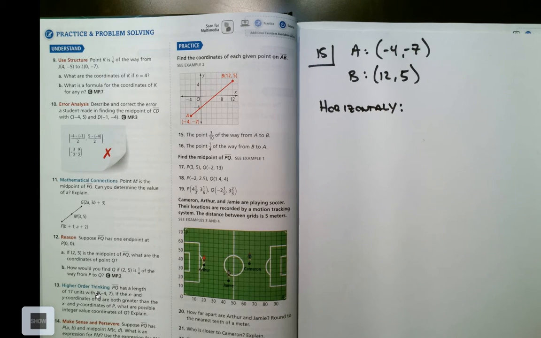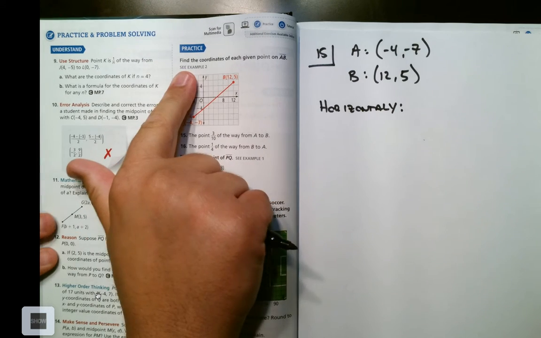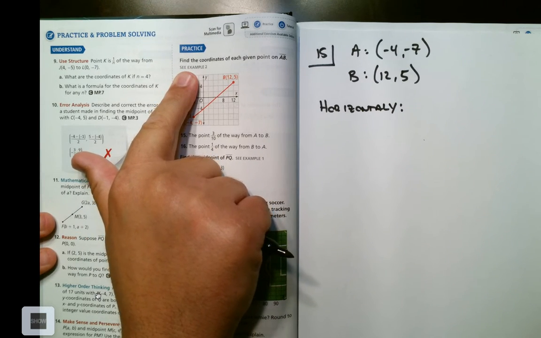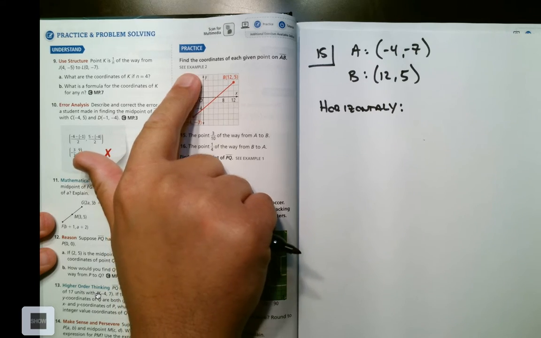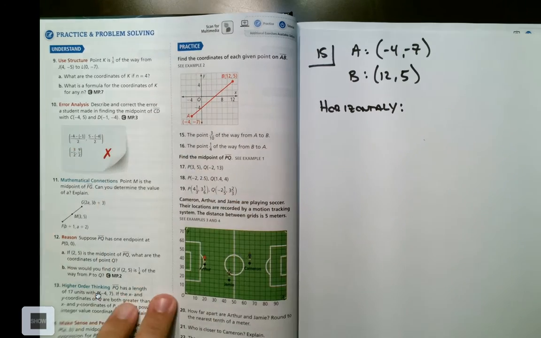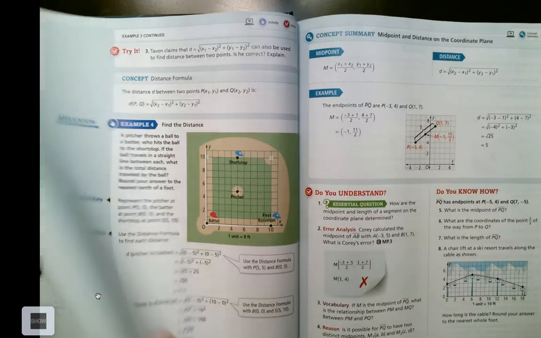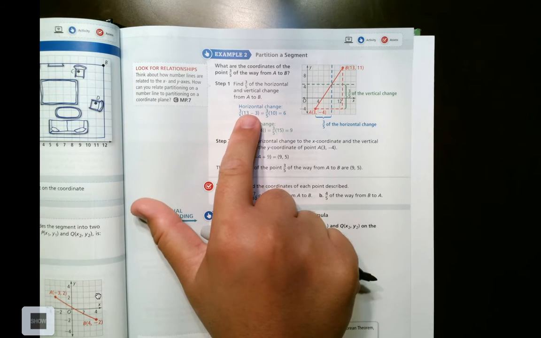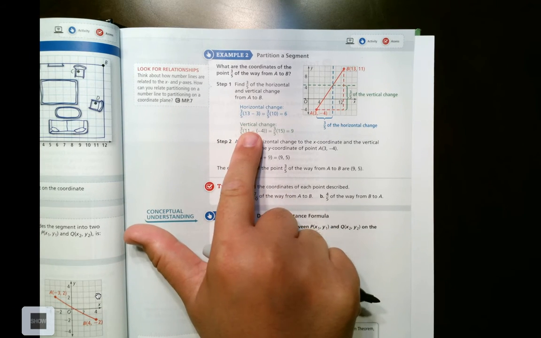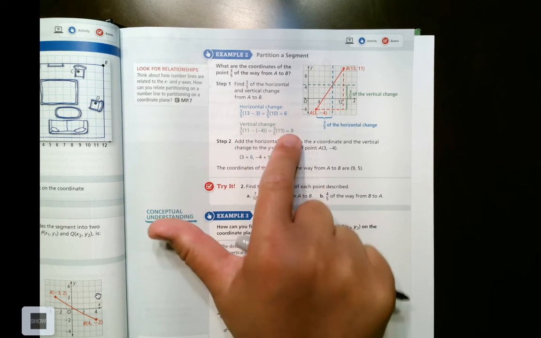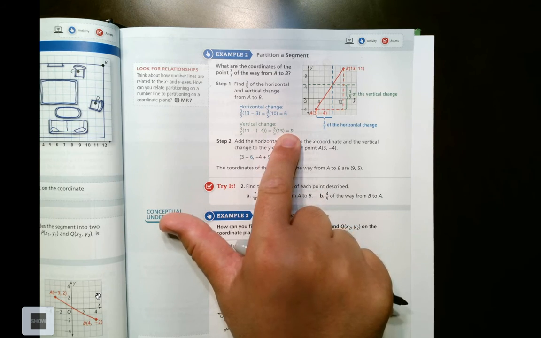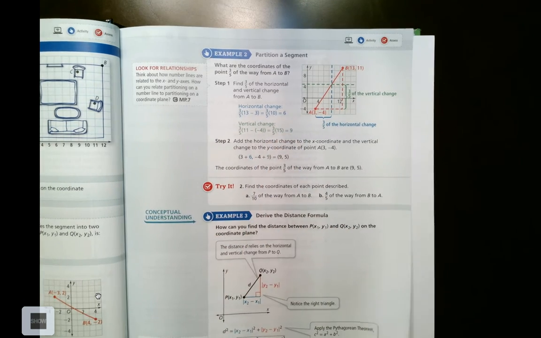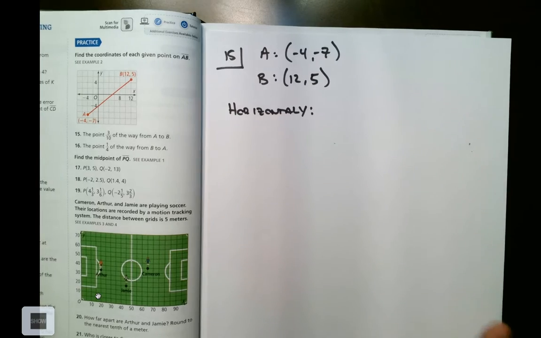You're like, what am I doing? Am I multiplying one thing by 3/10? I'm not sure what's going on. Don't forget, all these practice problems always reference an example. So if you don't remember what you're supposed to be doing, just go back to example 2. We actually walked through this one. This is the one that we were talking about. You got to find that horizontal change, then that vertical change, right? Then you take those two changes and you add them to your X and Y points. Okay, horizontal change and vertical change.